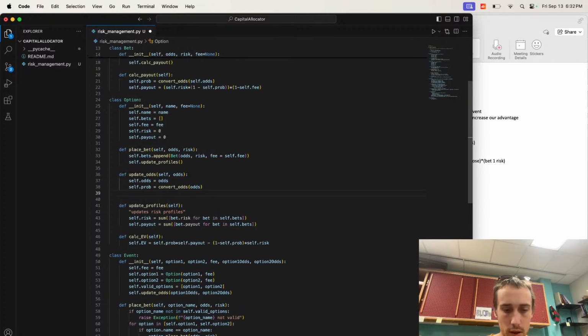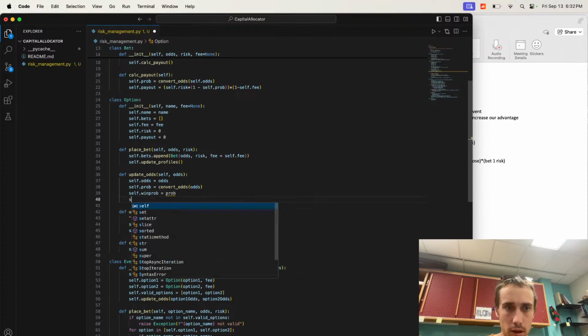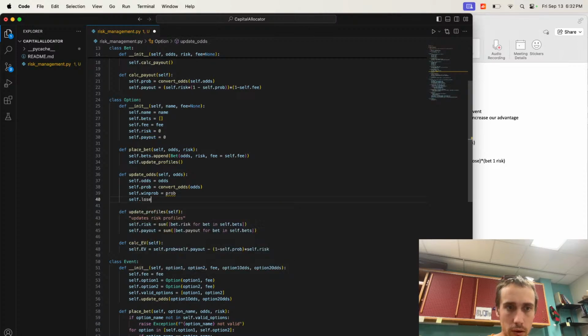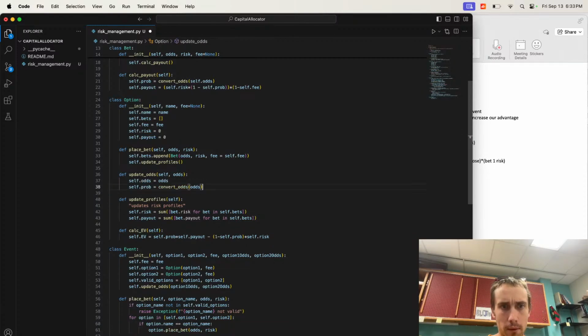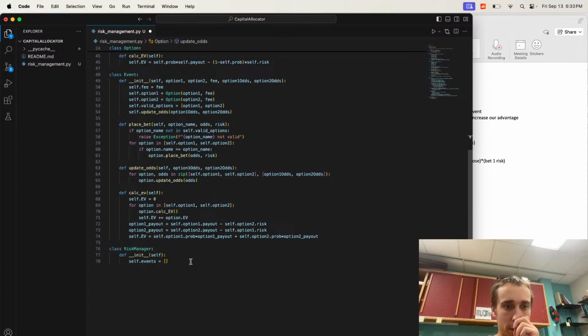All right, let's change this to self dot win prob is equal to prob. Self dot lose prob is equal to 1 minus self dot win prob. Oh, forget about that. So they'll be offset.